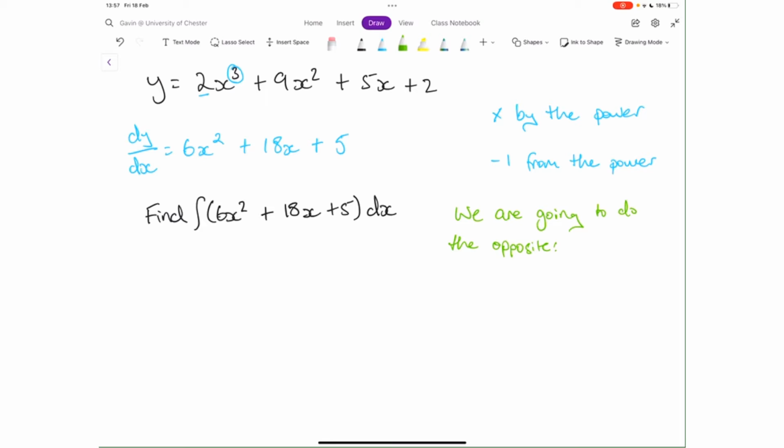So what's the opposite of this process? Well, what I'm going to do first is add 1 to the power, and then I'm going to divide by the new power.